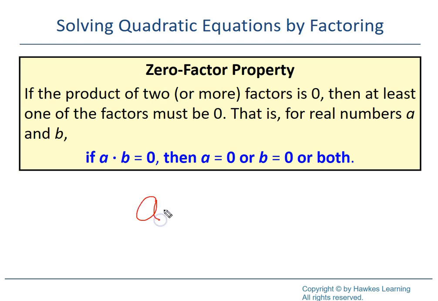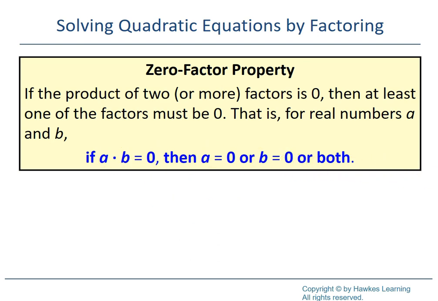If we have A times B, and again, this is a factor times a factor, and if these factors equal 0, the only way this could be true is that A as a factor would have to be a 0, because 0 times B would be 0, or B is equal to a 0, A times 0 is 0, or they're both equal to 0. 0 times 0 is 0. And that's what they're illustrating here.